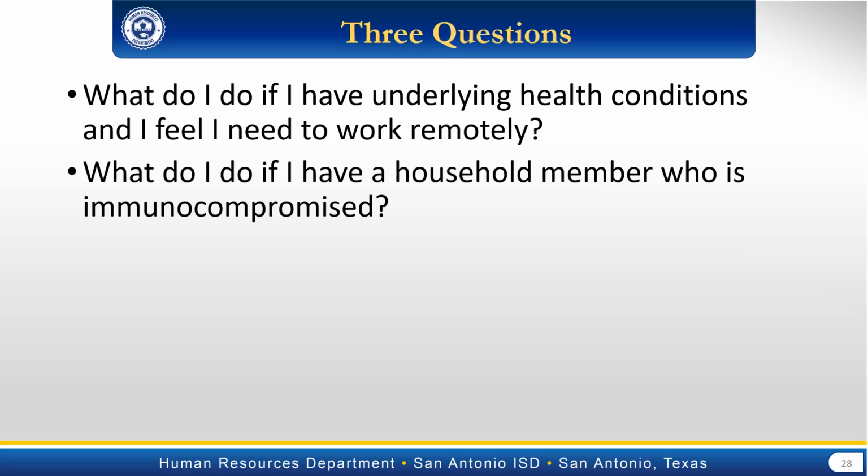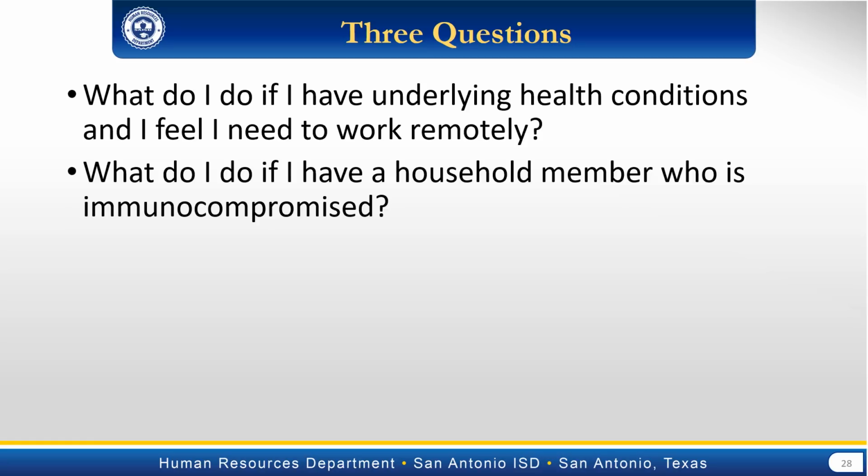Second question, what if I have a household member who is immunocompromised? The response is going to be similar to the first one, in that we will offer flexibility as long as the needs don't demand in-person reporting during the first 8 weeks. Again, this is going to be short-term, because at a point, all employees are going to be expected to report.